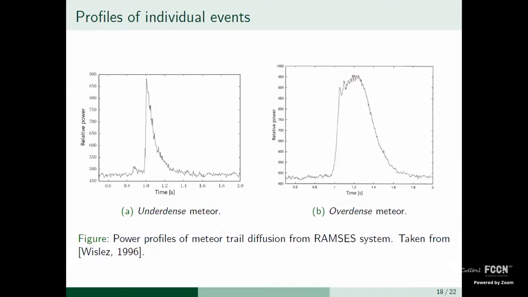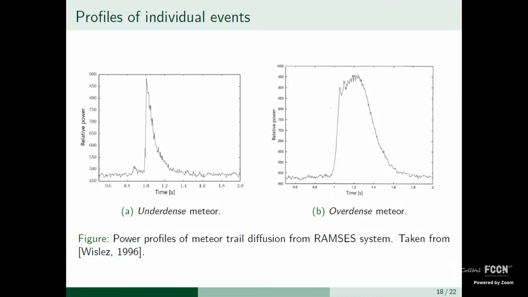As we look at individual events, we can see profiles that are called power profiles or diffusion profiles, and they correspond to the different density of plasma around the meteor, or of the trail that is created from plasma.